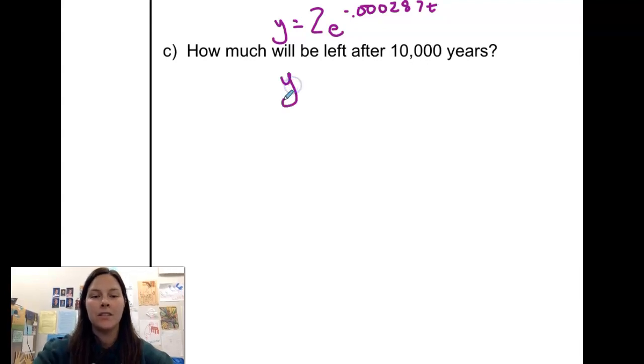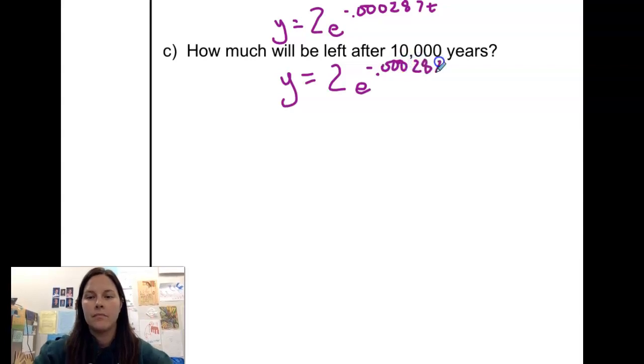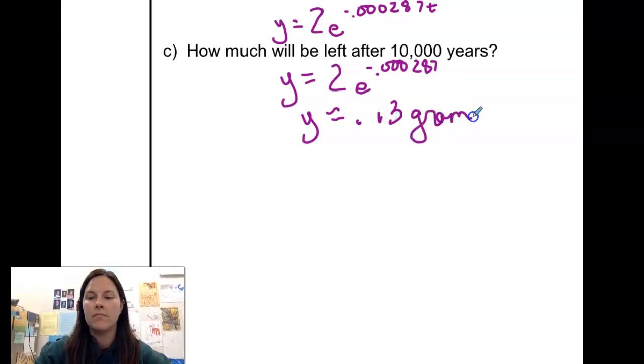Well, years is our t value, so we're going to go ahead and sub that in for t. And then at that point, all we have to do is sub it into our calculator. And I got about 0.113 grams.